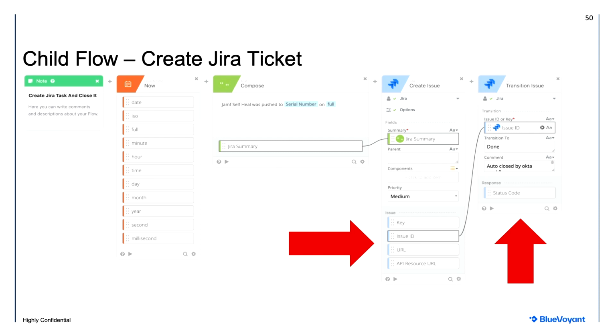And we're going to capture the issue ID and move it over to the issue ID tracker so that as soon as we create this ticket, we could close it out into a done state. But we also want to log the information we wanted. And as you could see here, we add a comment that it was auto-closed by Okta Workflows, so Service Desk knows that this was an automated task for future reference. And that's it. Now we're ready to actually run the workflow for the Jamf SelfHeal.